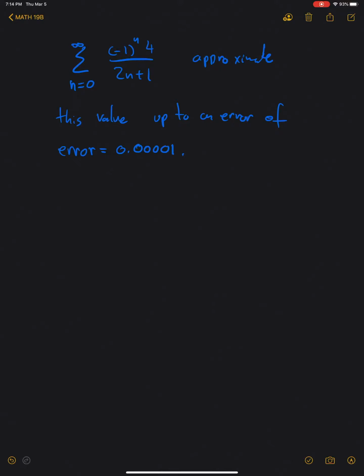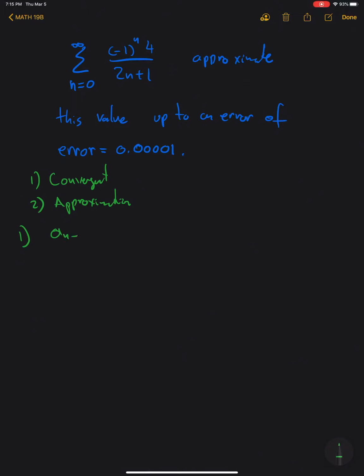In order to do this, first we need to check for the convergence of the series. We need to check if the series is convergent. And then we need to find the approximation. First we're going to find if the series converges or not by using the alternating test.